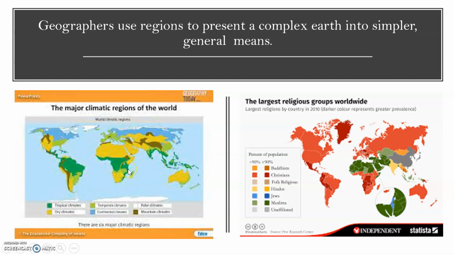We're going to make that dark green. And then all of the areas that have an arid or dry climate, we're going to put in this golden yellow. So we're taking a complex Earth and we are simplifying it.